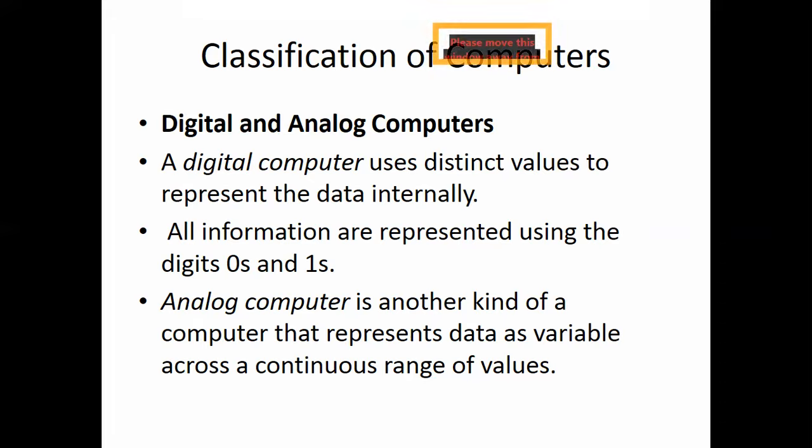We classify things so that things in the same group are treated the same. Things in the same class or group will have similar characteristics, the same characteristics, and they will also be treated the same.